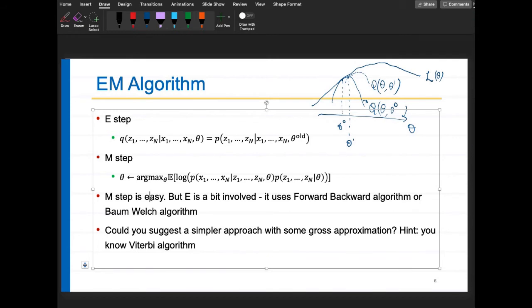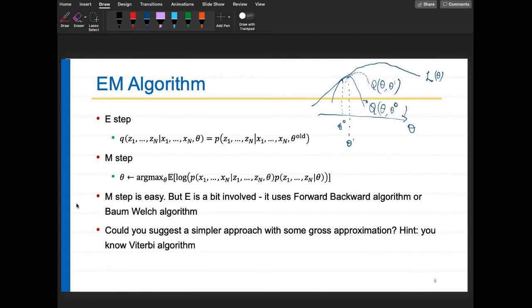The weighted sum, because it's a responsibility thing. Okay, so it's an easy thing. The M step is easy, but the E step is a bit involved, and this is a very old algorithm called the Baum-Welch algorithm or forward-backward algorithm, which is used to compute these probabilities. It's a simple mathematical manipulation, but it does the job very efficiently.